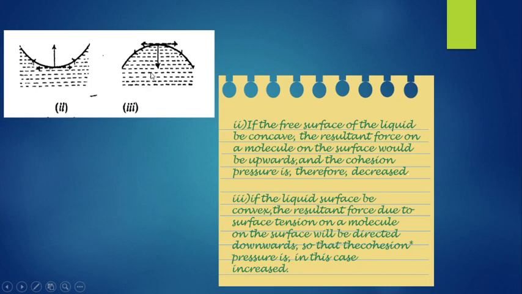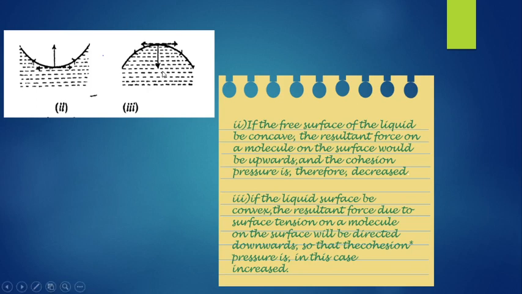Coming to the second one, what is the speciality of the surface? Yes, here the free surface is convex in shape. In the case of a convex surface, there is a resultant force due to surface tension acting on a molecule on the surface of the liquid, directed into the liquid towards the center of curvature of the surface.